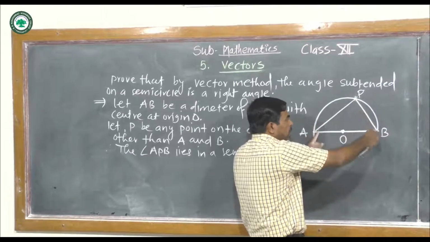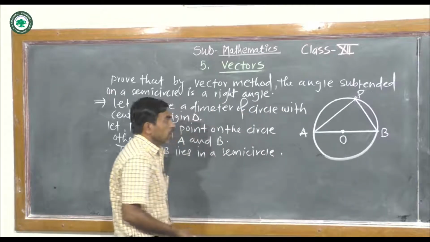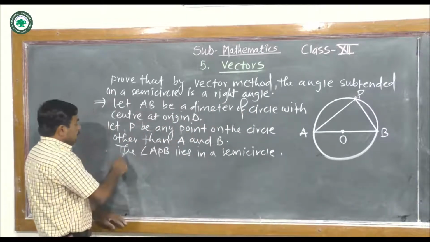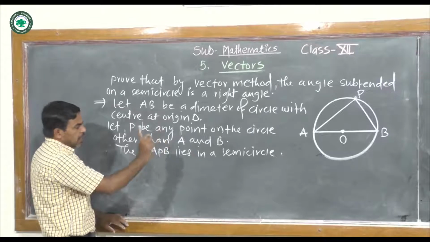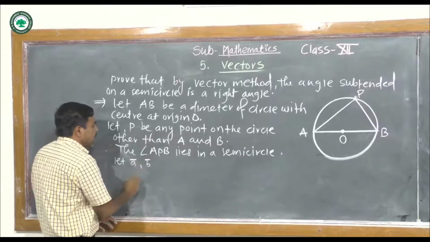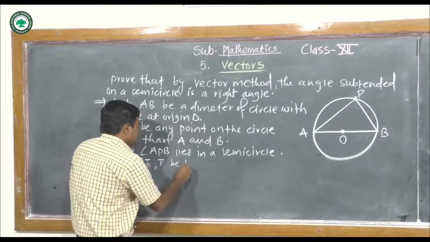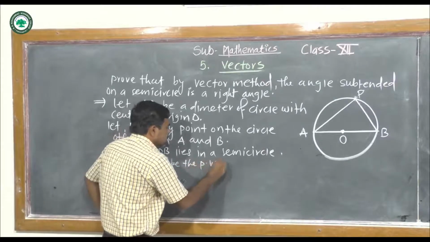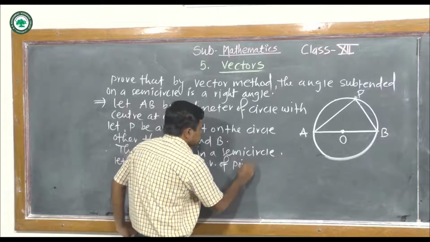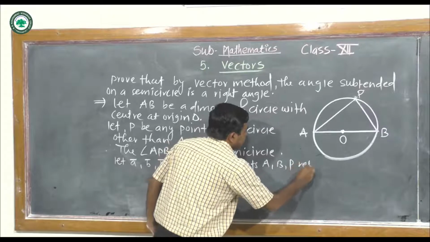The angle between these two sides is 90 degrees, that we have to show. So the angle APB lies in a semicircle. Let A bar, B bar, R bar be the position vectors of points A, B, P respectively.